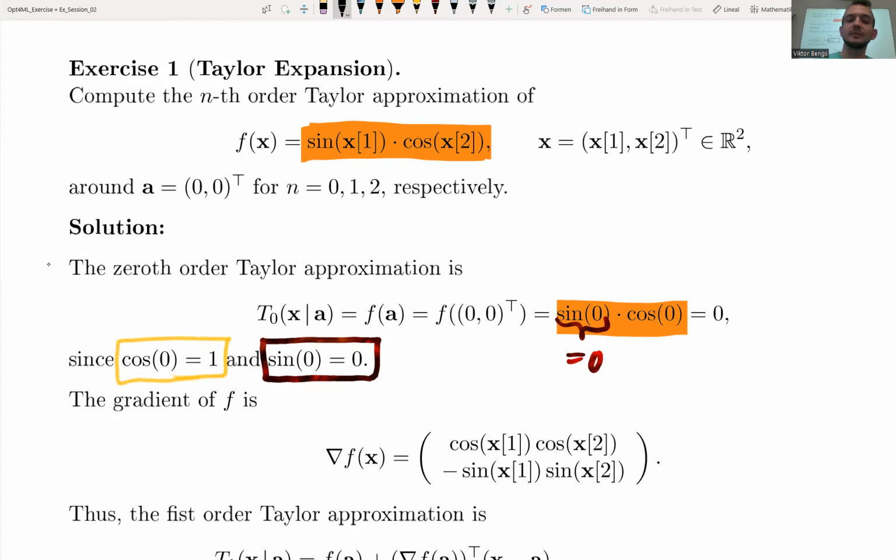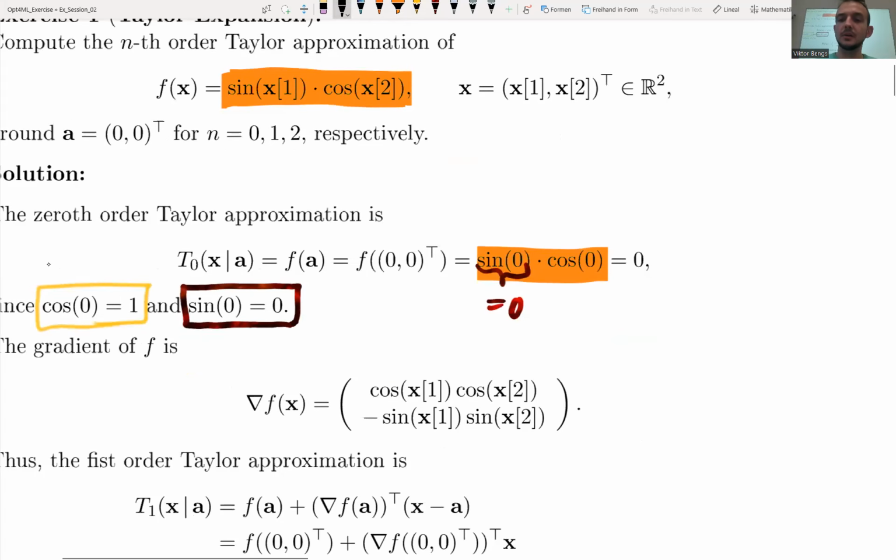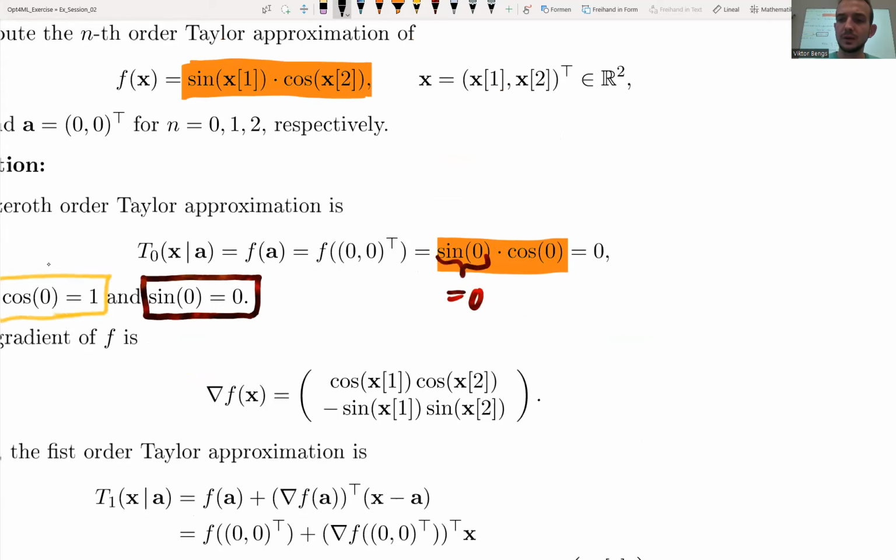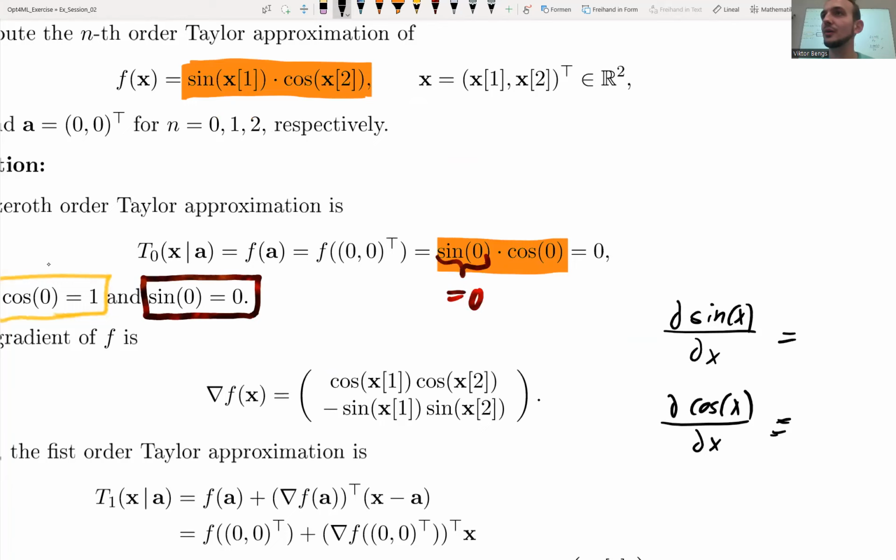And we only have to, so you remember, this was a bit rushed perhaps in the last exercise, but I tried to give you one way to memorize the relationship between the derivatives of sine and cosine.